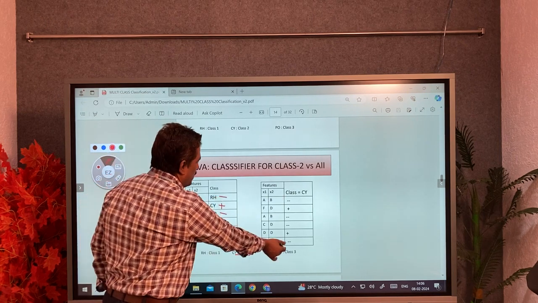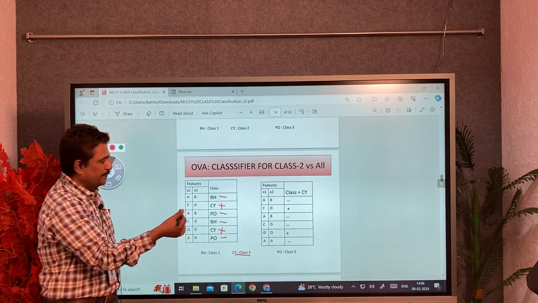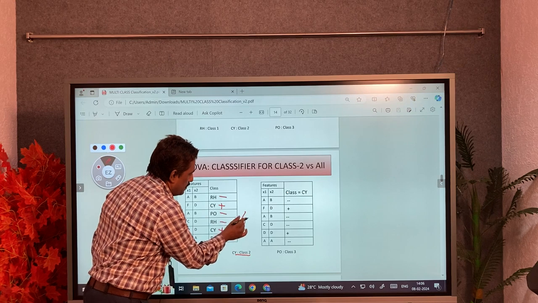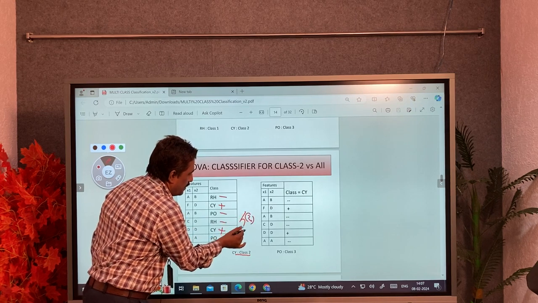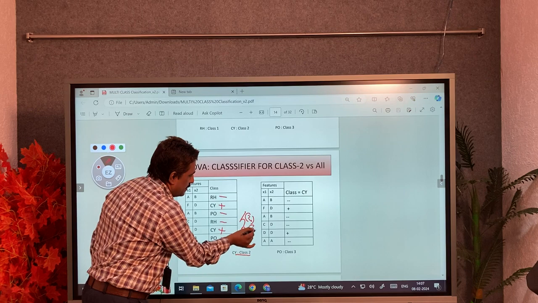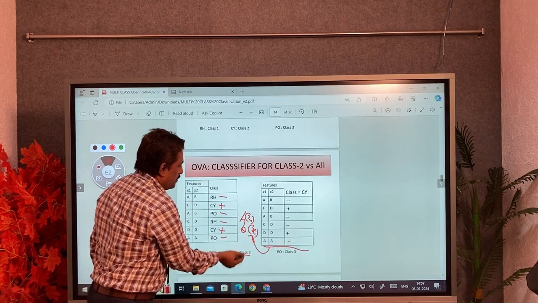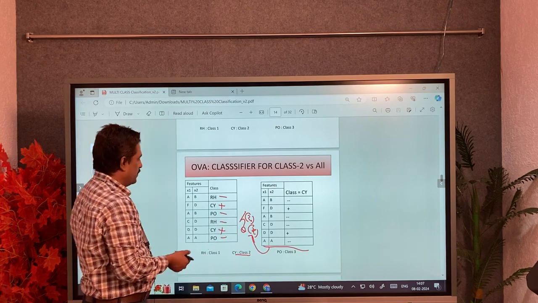So we got this training data set, give it to logistic regression and learn H2 given this training data set. So given this training data set, learn H2, okay.